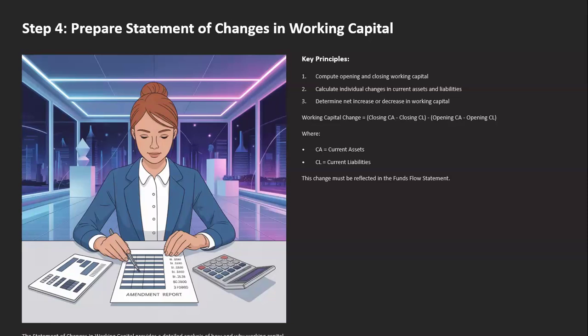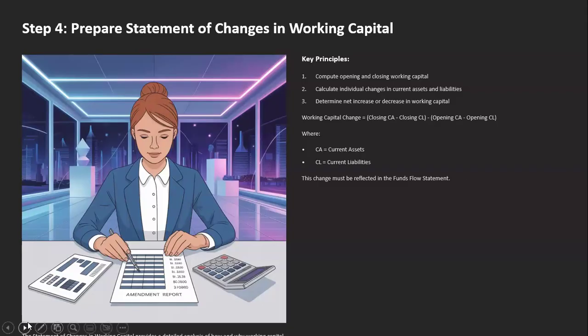It is your judgment to find out from the balance sheet what are the current assets and what are current liabilities. Then you have to calculate changes, that is increase or decrease. And after adjusting current assets minus current liabilities, you can find out the change in working capital. And this change in working capital is shown in the fund flow statement.